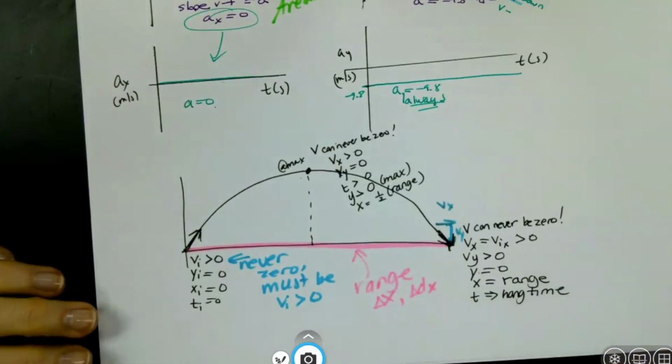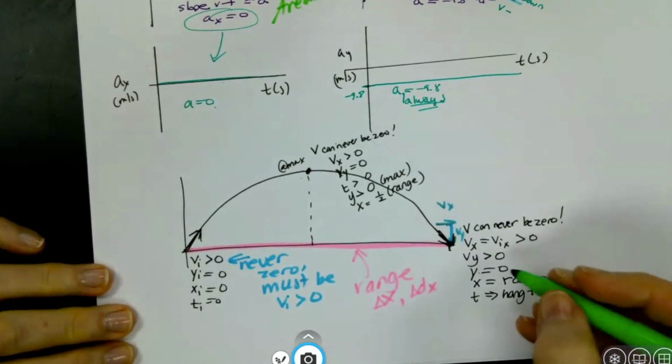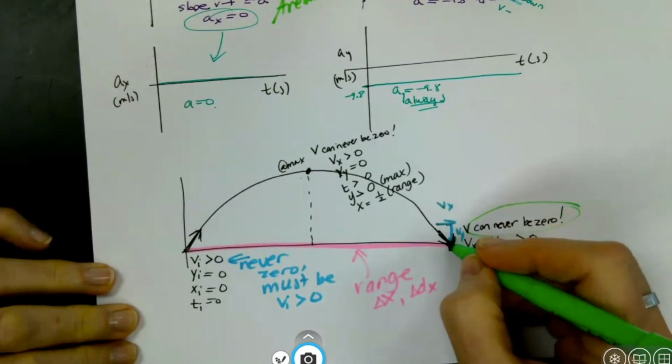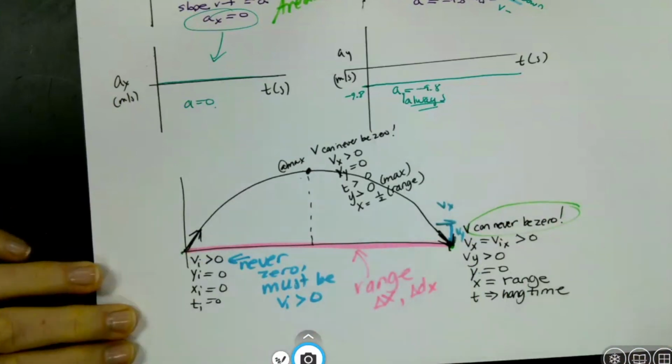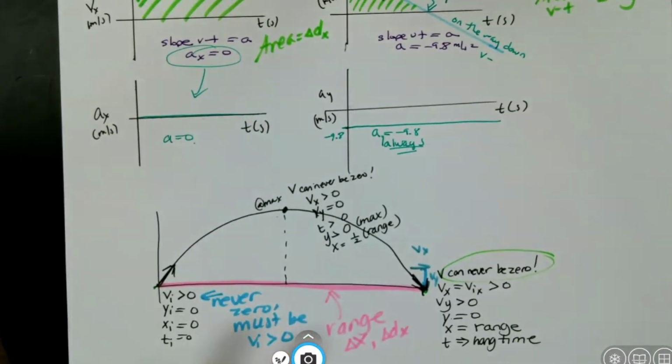One of the most common mistakes people make when they're doing that is saying that when it hits the ground, either the beginning or the end velocity is 0. If you think that, then you don't really understand what a projectile is. So in the next video, I will teach you how to do problem solving, but these are all the conceptual and the graphical parts of this that you have to know.